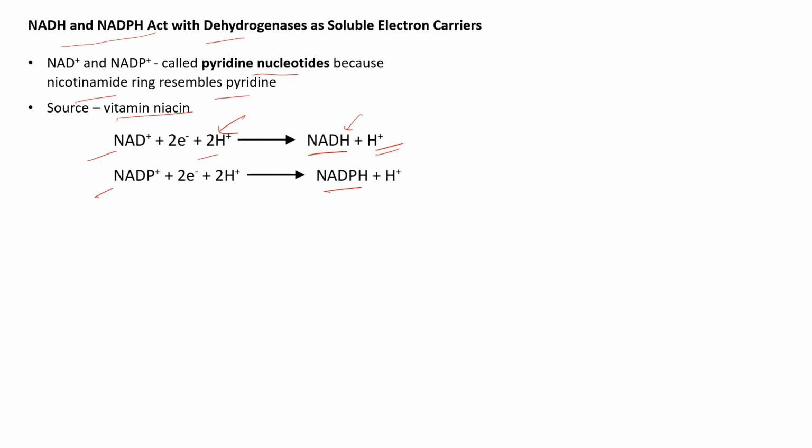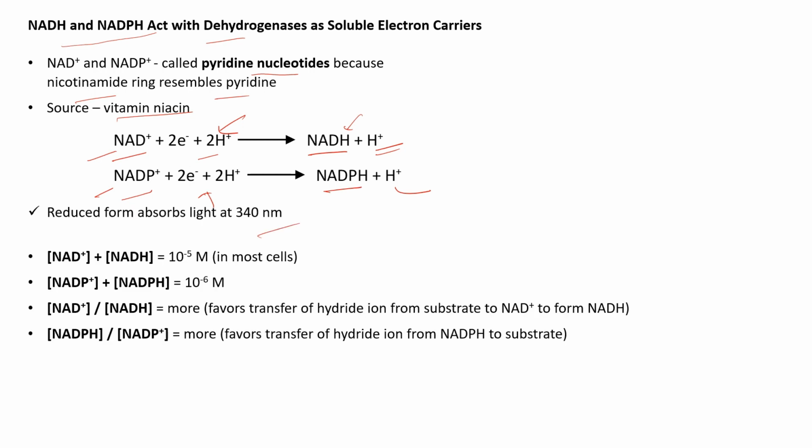So what NAD does is help to oxidize the substrate because it takes up hydrogen and electrons from the substrate and gets reduced to NADH. Similarly, NADP plus can also take one hydrogen, and one hydrogen is released in the aqueous environment. So they also take hydrogen and electrons from the substrate and hence help to oxidize the substrate. These reduced forms can absorb light at 340 nm.